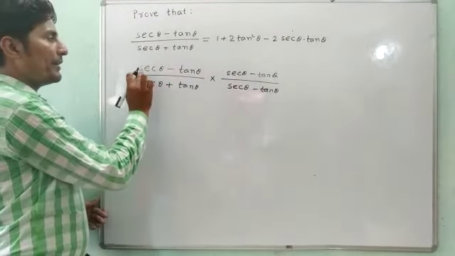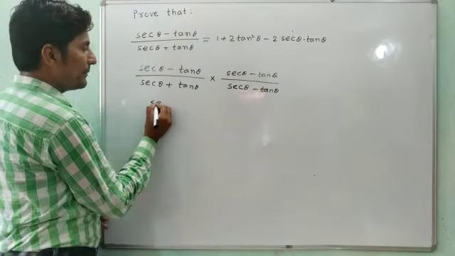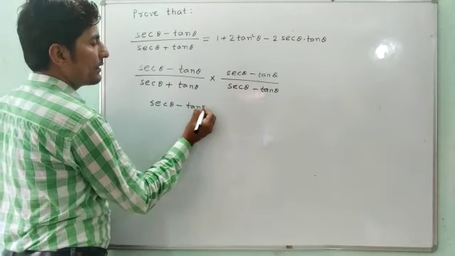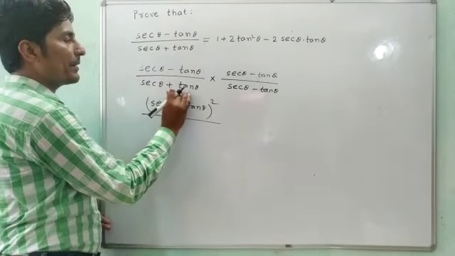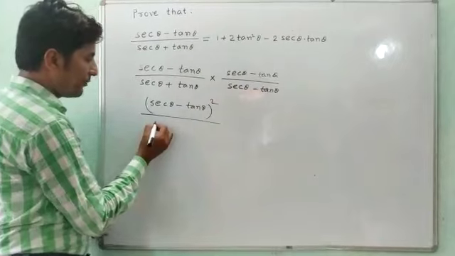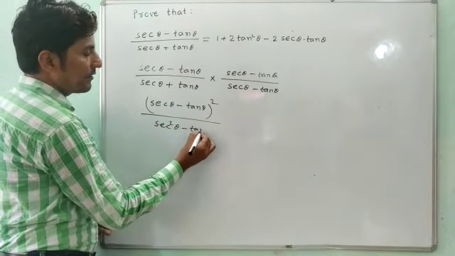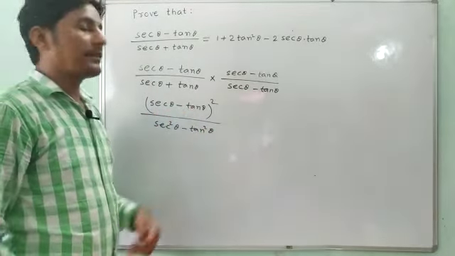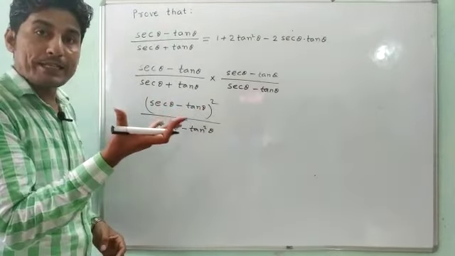In the numerator, we are having sec theta minus tan theta, sec theta minus tan theta. So this can be written as sec theta minus tan theta whole square. Now here we are having sec theta plus tan theta, sec theta minus tan theta. A plus b, a minus b. So we can write here a square minus b square. Now sec theta minus tan theta whole square, a minus b whole square, so we have to expand it.